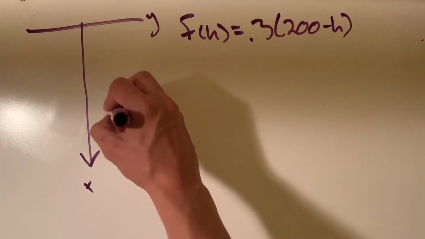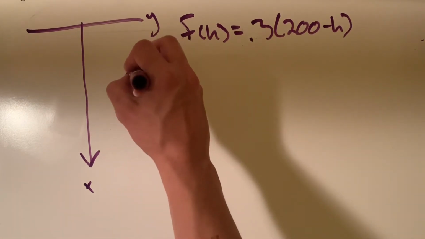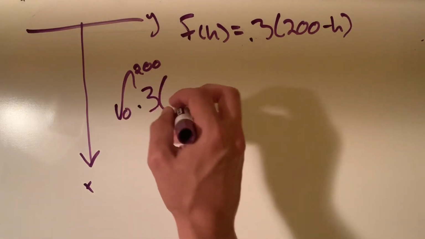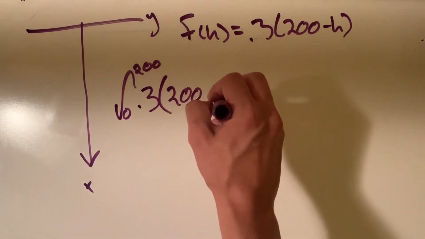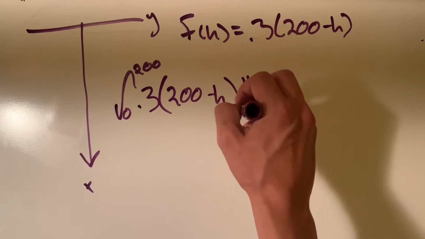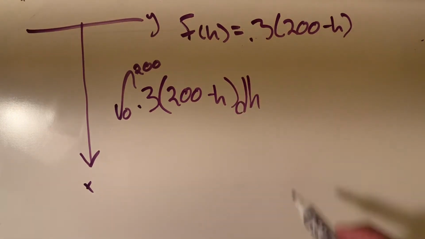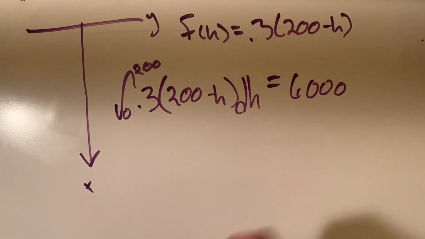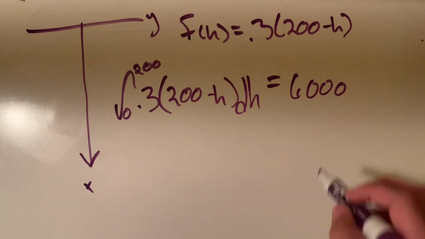So if we integrate from 0 to 200 of 0.3 times 200 minus h with respect to height, we can use technology to solve that, and we should get 6,000 foot-pounds.